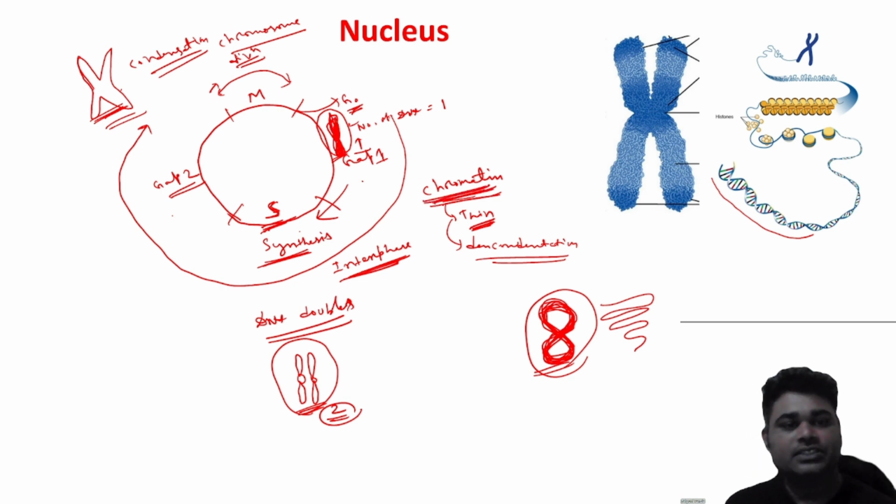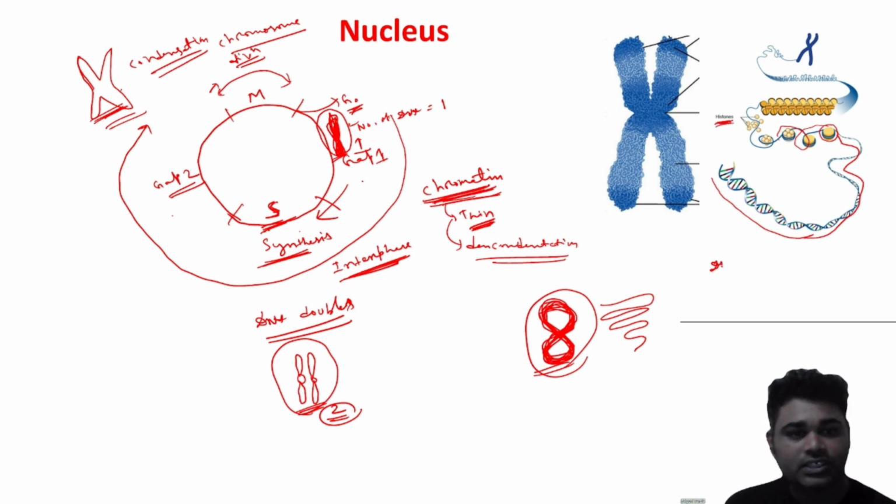It is called the chromatin. Look at this structure. This is the DNA, simply the thread-like DNA structure. Now it interacts with the protein, and this protein is called the histone protein. Look at this structure. This is the histone protein. So now the DNA with histone protein is present, and this structure is called the nucleosome structure.